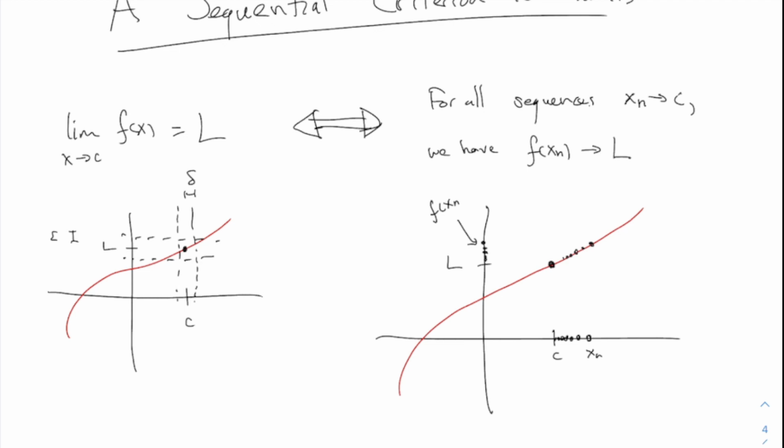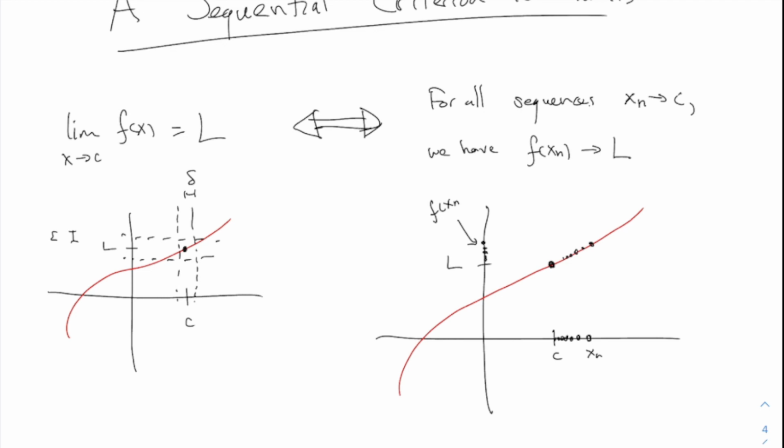So if I have a sequence in the domain which approaches c, then that makes a sequence in the range, in the codomain, and that sequence of points approaches the L. All right? This is the sequential criterion for limits. The limit of the function equals L is the same as saying for any sequence approaching c, the f of that sequence approaches L. All right?